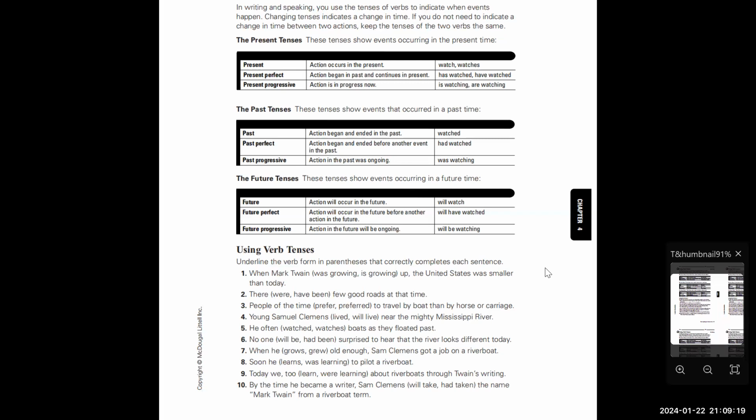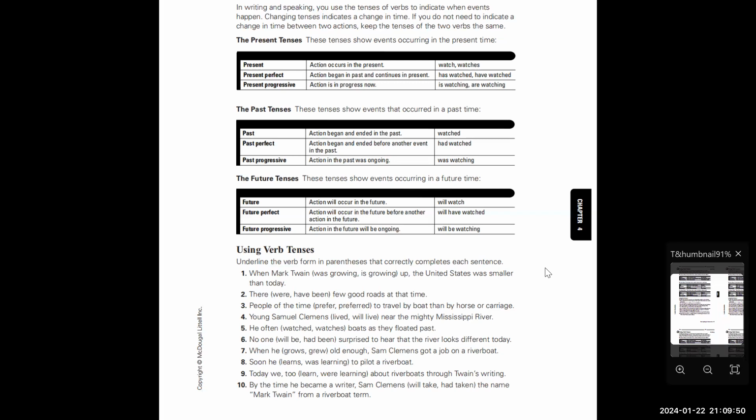When Mark Twain blank up, the United States was smaller than today. Actually, you have a clue there. Oh, you're still having a cough. Yeah, right. Okay. You have a clue there. Was growing. That's right. What's your answer? One more time. Was growing.